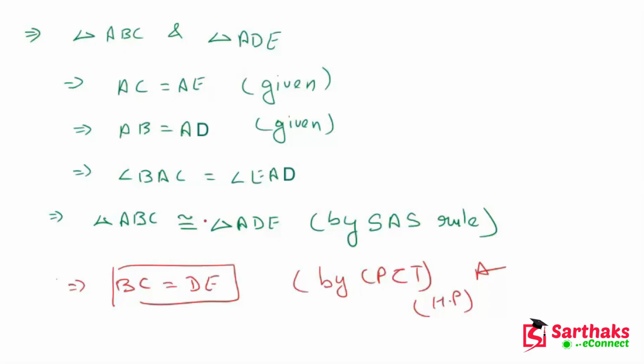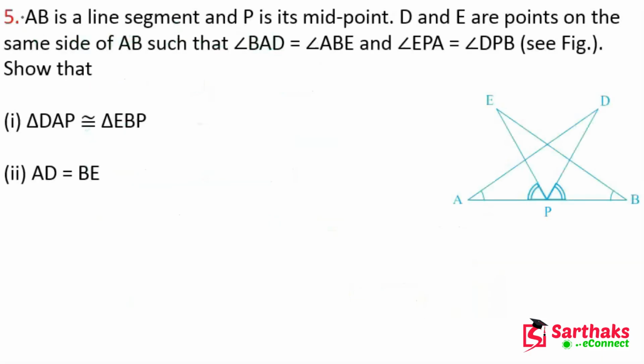So the next question is, AB is a line segment, and P is its midpoint.